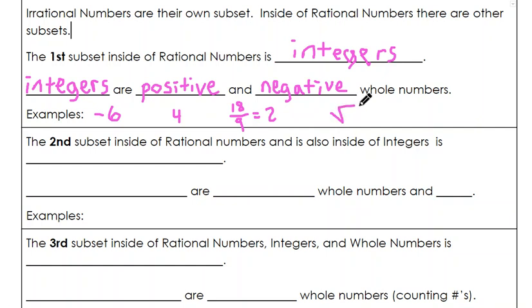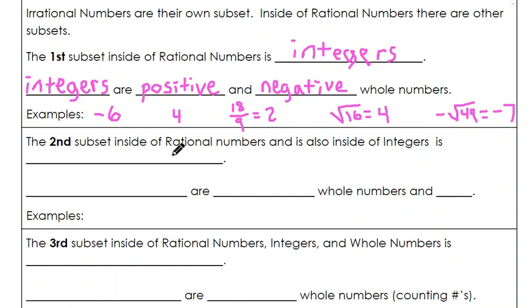The square root of 16 is an integer, because square root of 16 is 4. The negative square root of 49 is an integer, because that would be -7. Anything that you solve and you get a positive or negative whole number, meaning there's no decimal or fraction, that means it is an integer.